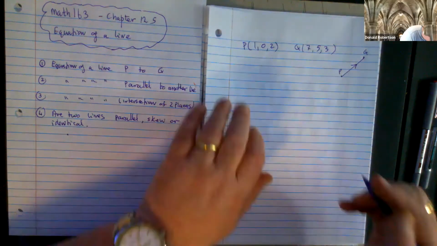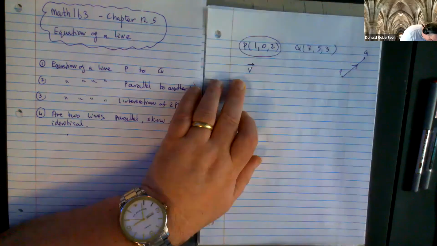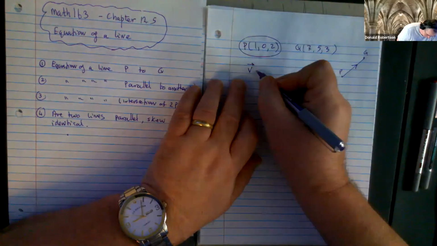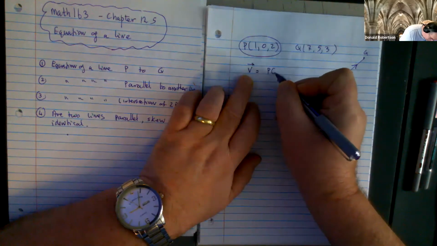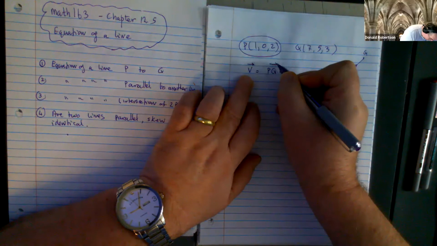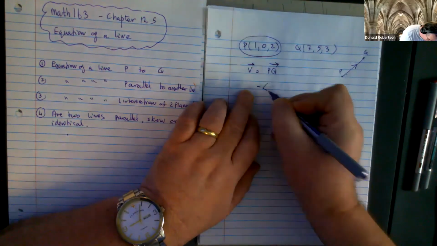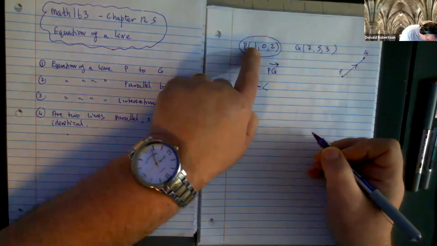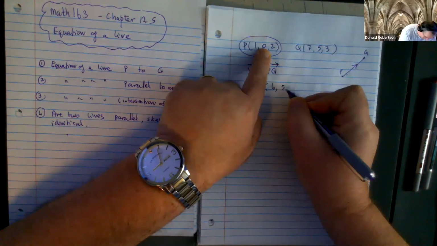We need two things, one of which we've already got, which is a point on the line, and I'm picking P, and the other is a direction vector, which I call V, and the direction vector is the vector from P to Q. And 7 take away 1 gets you 6, 5 take away nothing gets you 5, and 3 take away 2 gets you 1.